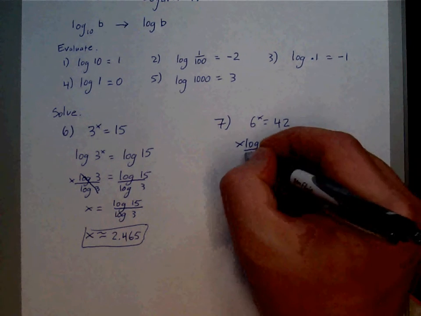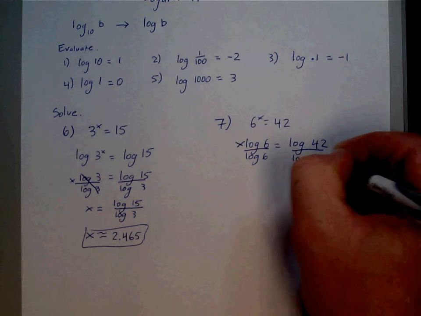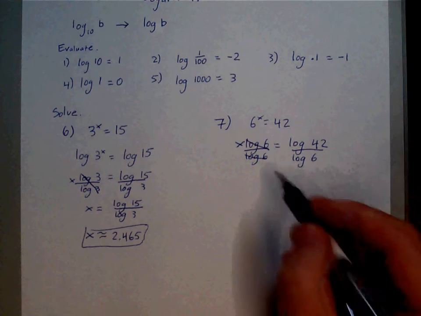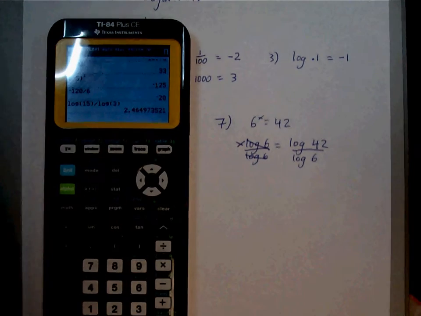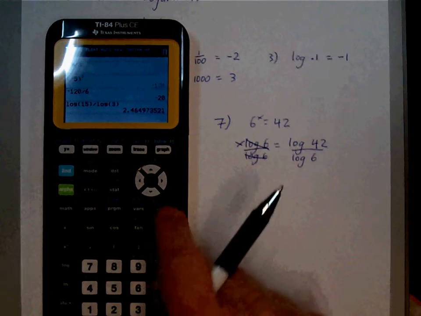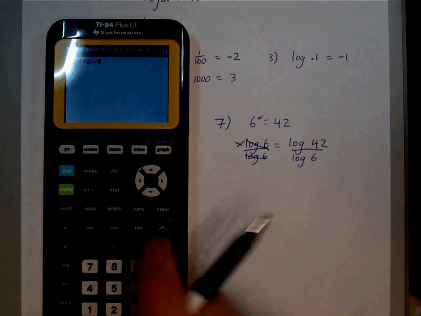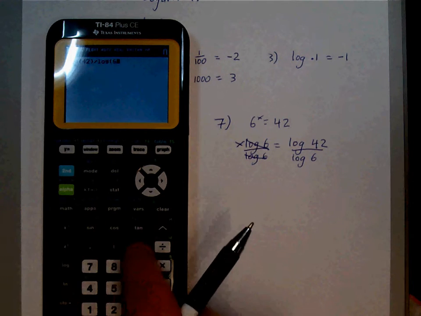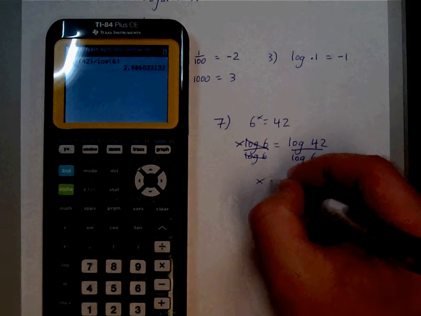Now I can divide by the log of 6. So x equals log of 42 divided by log of 6. Pull out the calculator. Log of 42 divided by log of 6.